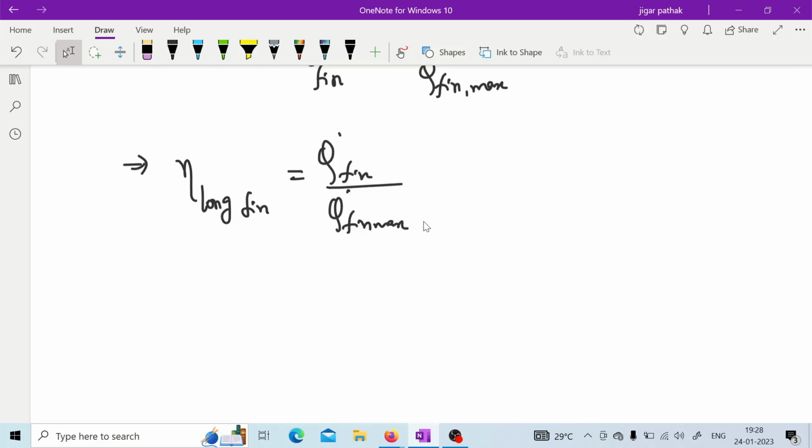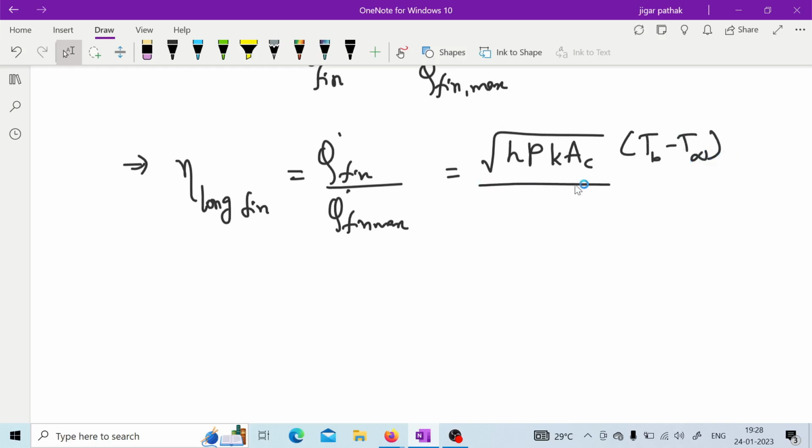Q fin, which we derived for this long fin, is the square root of h P k A_c times (T_b minus T infinity). The maximum heat transfer rate is h A_fin into (T_b minus T infinity).